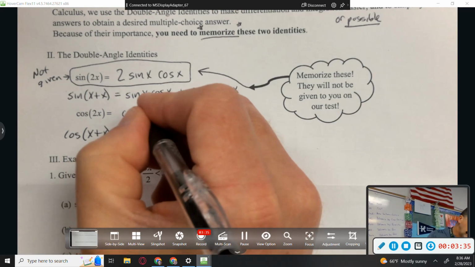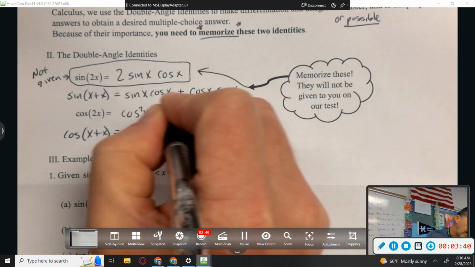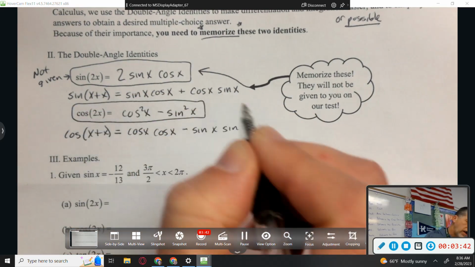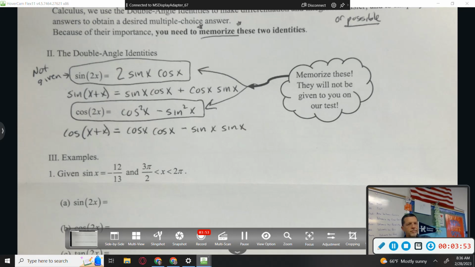So that's cosine squared x minus sine squared x. And then same story. You can memorize those, or you can derive them from the sum formulas. Whichever way makes more sense to you.